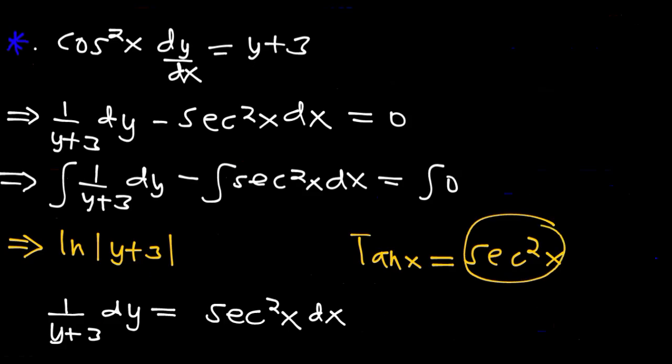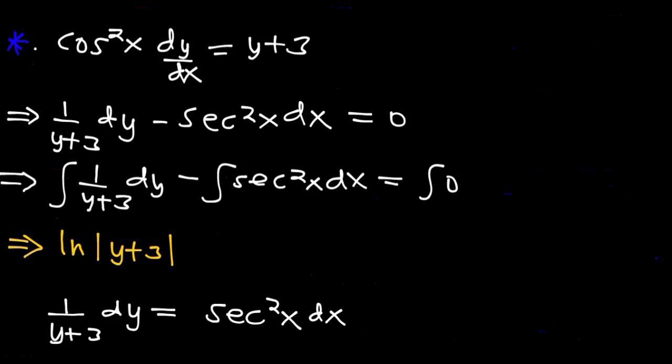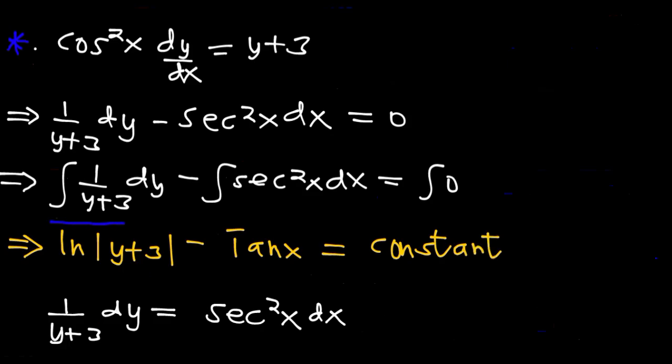So if we took secant squared x and integrated it, that will take us back to tan x. So as it is, the integral of sec squared x is equal to tan x. So this is going to be tan x, and over here we're going to have a constant. So this is the answer to the question.